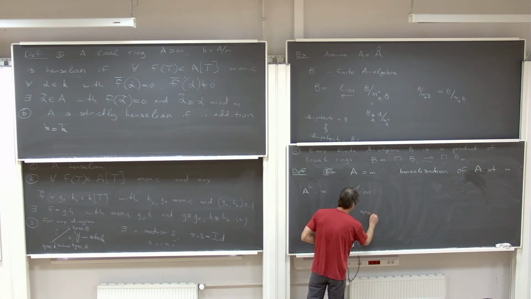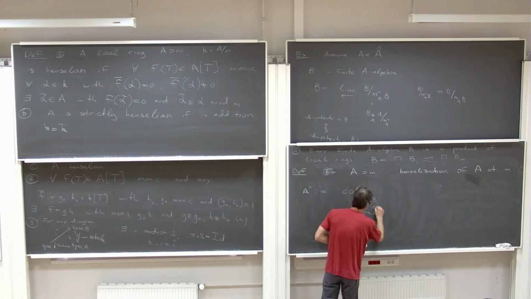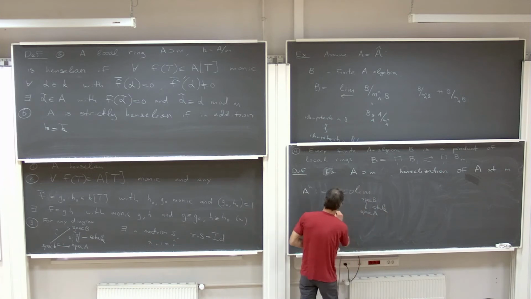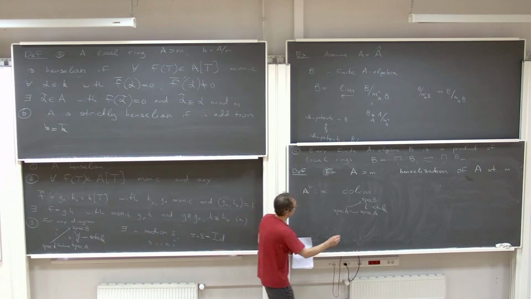So you take Spec A, Spec B, where this is étale, and the map together with a splitting over Spec K. K is the residue field. And you take a limit, call it limit of B.